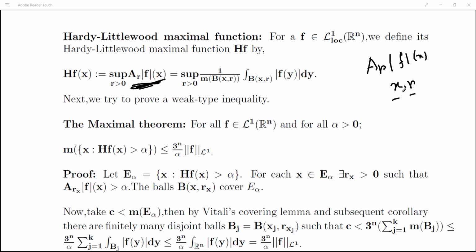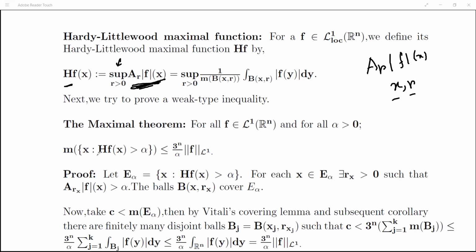Maybe you want to prove this, but I think it is intuitively clear that this function is continuous. And then you are taking the supremum over all positive r, so Hf will be a measurable function.